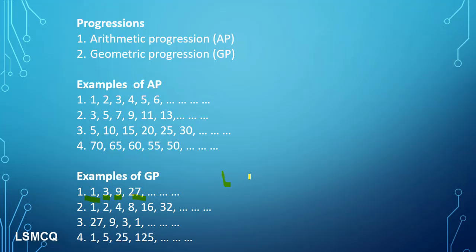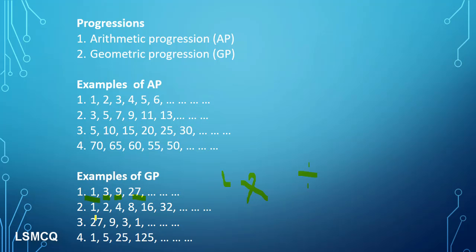So we multiply or divide. If you look at this series, you can see that the second number is obtained by multiplying the first term by 3. So 3 into 1, 3. This 9 was obtained by multiplying the second term by 3. 3 into 3, 9. 3 into 9, 27, and the next number will be 27 into 3.